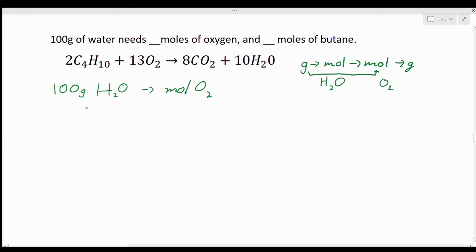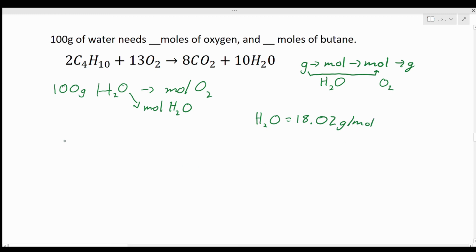And seeing as we have here grams to moles to moles to grams, we see that we start with grams of water and we need to convert to moles of water next. That's our intermediate step. We need to involve the molar mass. The molar mass of water is going to be about 18.02 grams per mole.